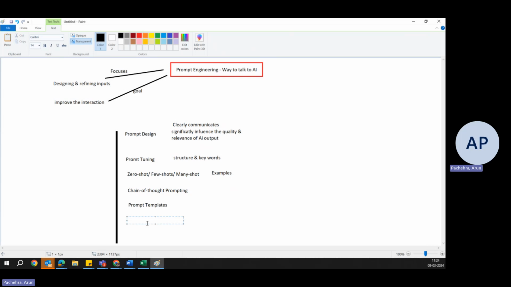Then there is one more thing which can impact the desired output, which is evaluation and iteration. Yes, let me write that down for you. Evaluation and iteration. All right, let's see what it is. An essential aspect of prompt engineering is the evaluation of the AI's responses to prompts and iteratively refining the prompt based on performance.